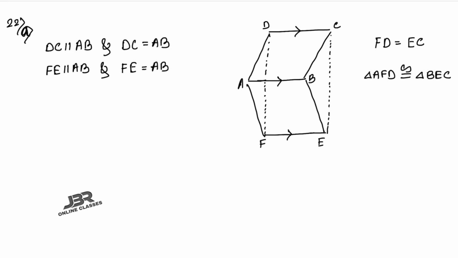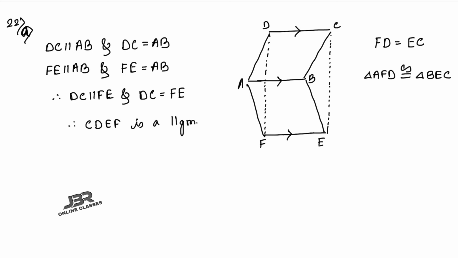So that means here DC is parallel with FE, and DC is equal to FE. So as here DC is equal and parallel to FE, that implies CDEF is a parallelogram. Okay, it's proved.